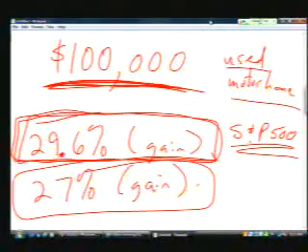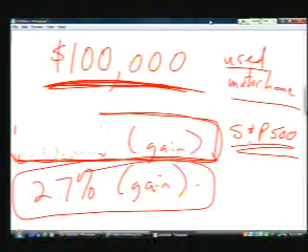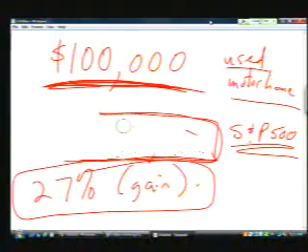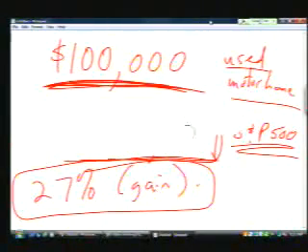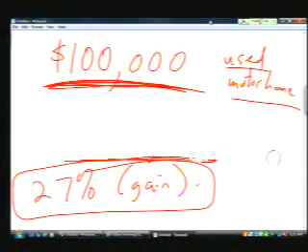Now, here is the point. Tell me what 27% of 100,000 is, Jonte. $27,000.